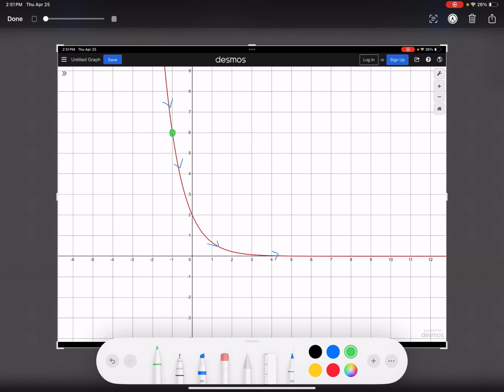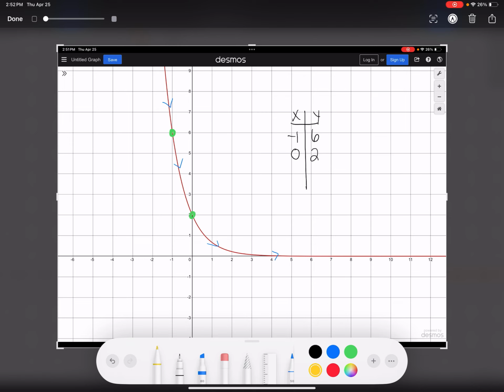All right, so then I can keep going. I see I have one at 0, 2. And those are really the only ones that I see. So my table is going to be -1, 6 and 0, 2. So we only have 2 points in this situation.